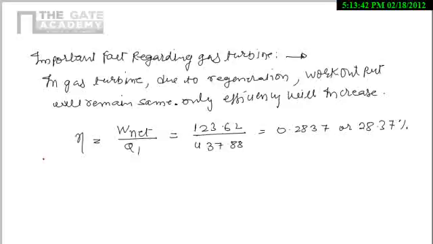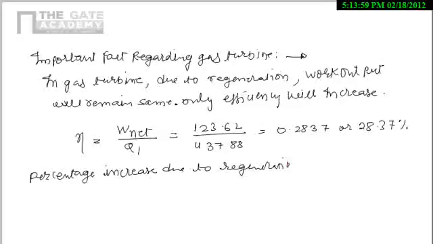Means there is an increase in efficiency due to the regeneration. So now let's calculate the percentage increase due to regeneration. In that we are having efficiency 0.2837 minus the efficiency without regeneration, 0.199, divided by 0.199.